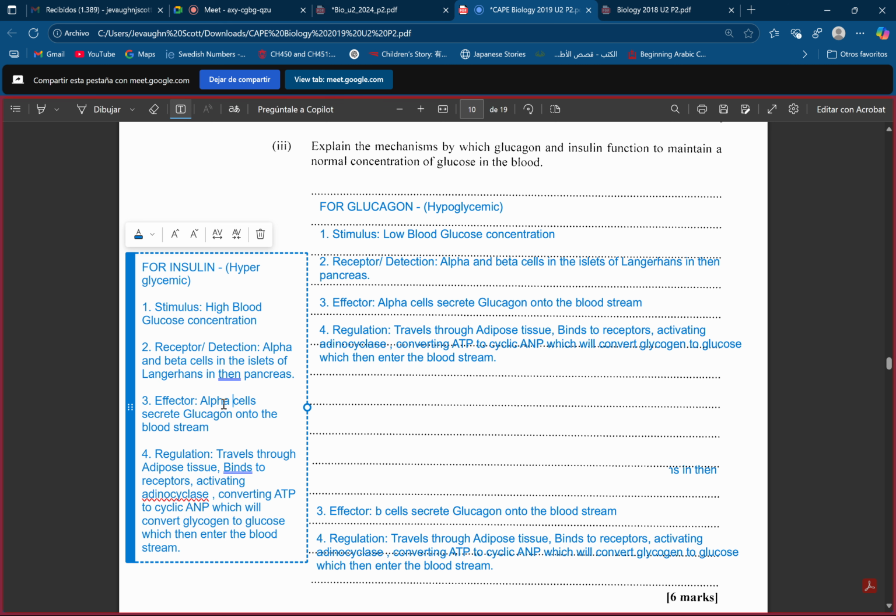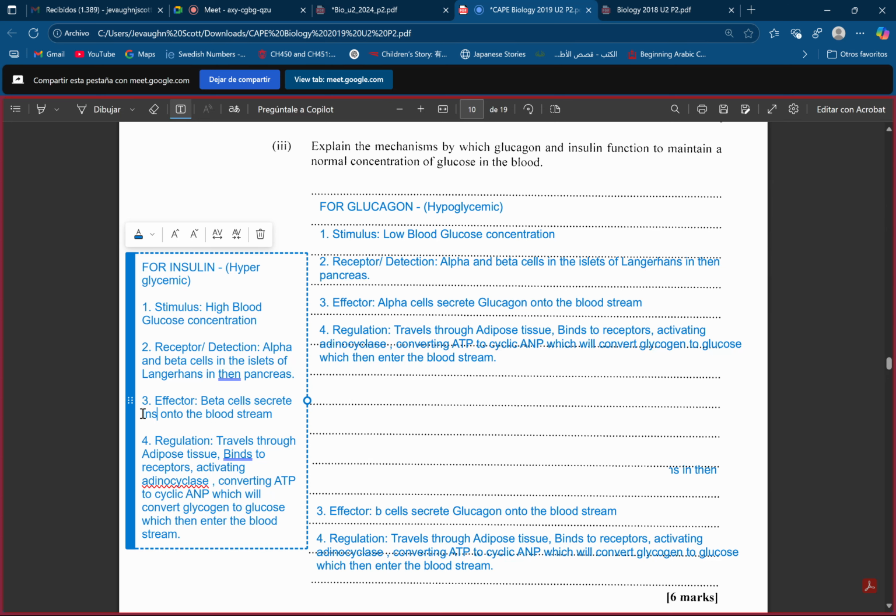So I have that. I just want to make these simple differences. So there are beta cells that secrete something. Beta cells secrete insulin, as you were saying, Bovell. All right. So what is the reaction now? What's regulation now? Where are the insulin receptors?